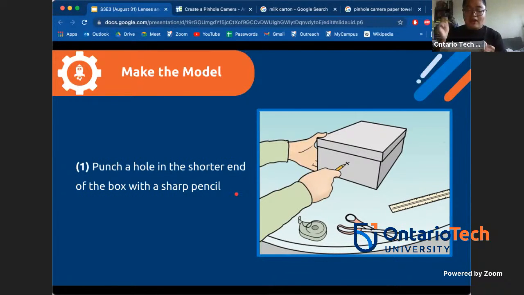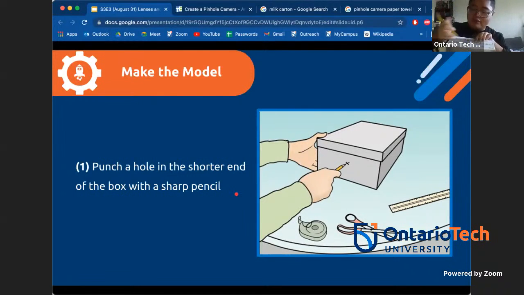So try to create a hole in the middle. One tip I like if I want to find the middle is to use your ruler and try to create an X across the box. Once you find the point where the lines intersect, that's a good estimate of where the middle is.